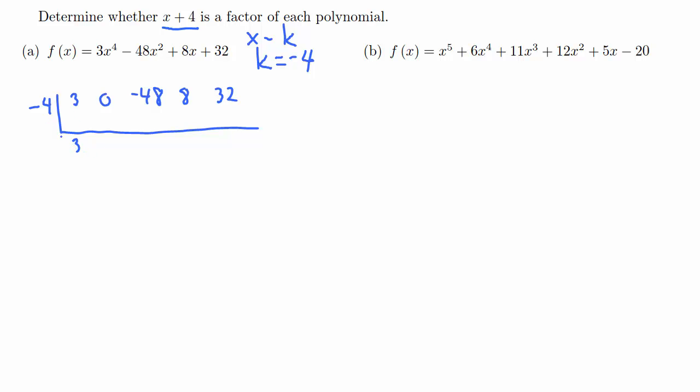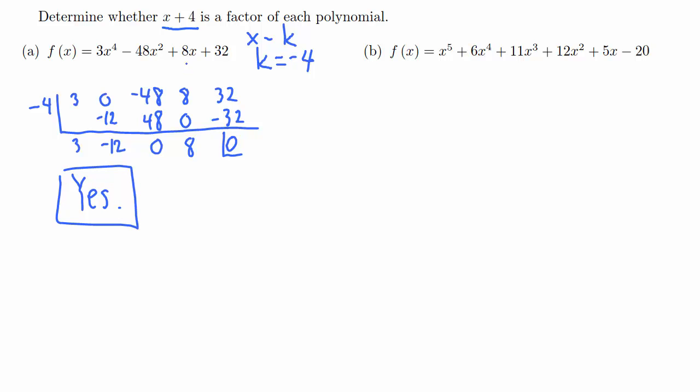Bring down the 3, multiply, add, multiply, add, multiply, add, multiply, and add. What's the remainder? Well, the remainder is 0, therefore the answer here is yes. It is in fact a factor of this function.